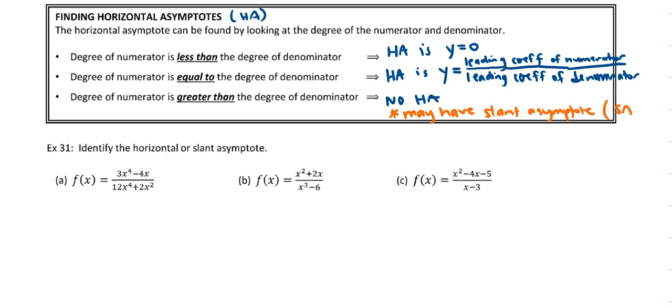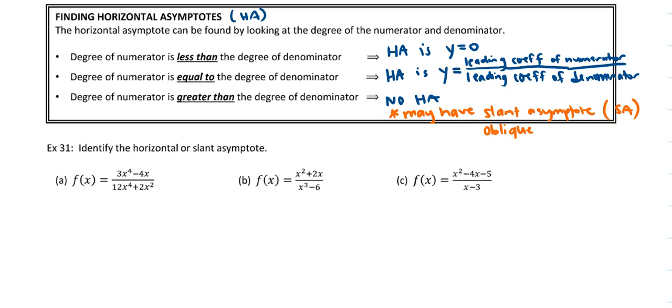Sometimes we abbreviate that with SA. In some textbooks, they call it an oblique asymptote, which I would probably designate as OA. I like slant better because it makes more sense. It's a slanted line, but just in case you see that in another textbook, there you go.